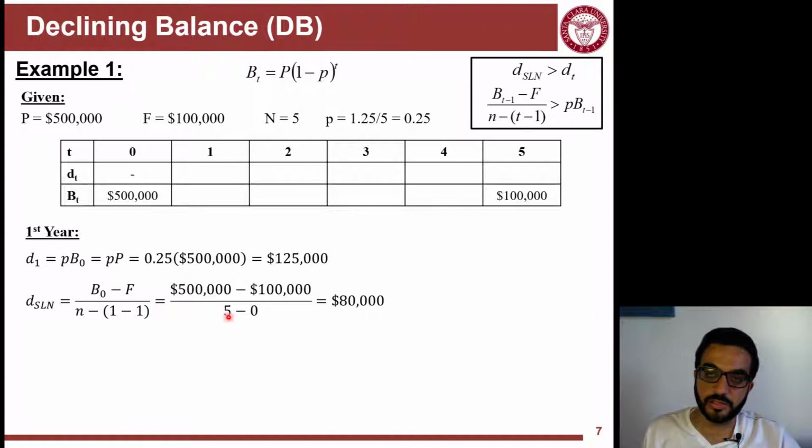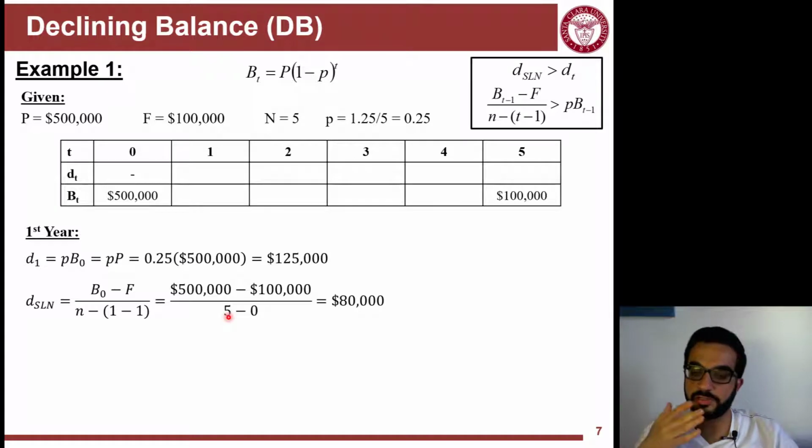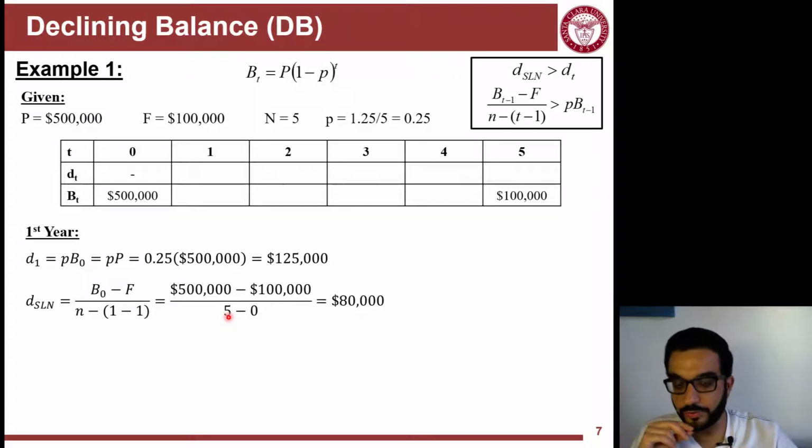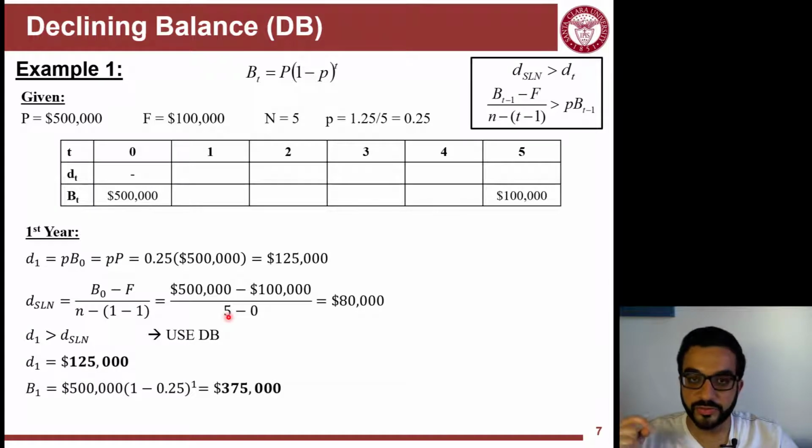So that's basically saying I'm changing my mind completely and saying let's not do a declining balance and do a straight line over 5 years, losing 500 minus 100K. So this means I'll be losing 80,000 in every year. Now you can see here declining balance is giving you more depreciation, so let's go with it. So use declining balance. My first year depreciation is 125.